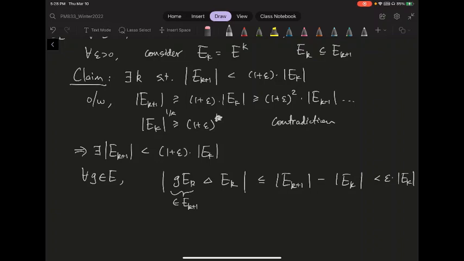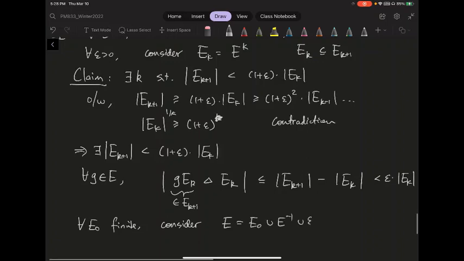So this is for all g inside E. Well, you may ask what happens if I just take any finite set without assuming it's symmetric and containing the identity. For every finite E_0, you just make it symmetric: you consider E_0 union all its inverses, and union the identity.